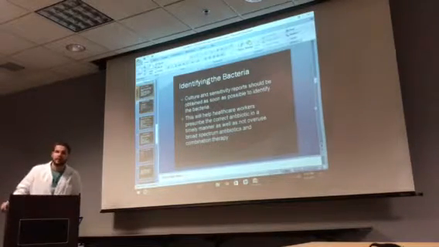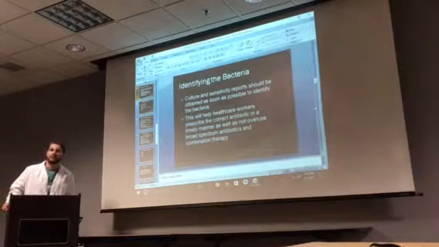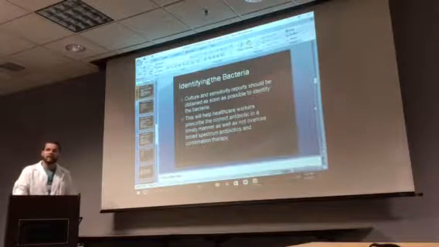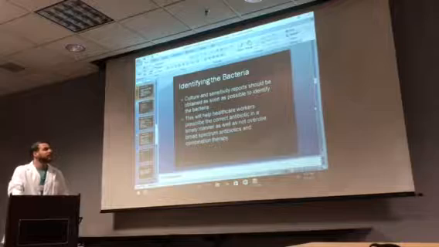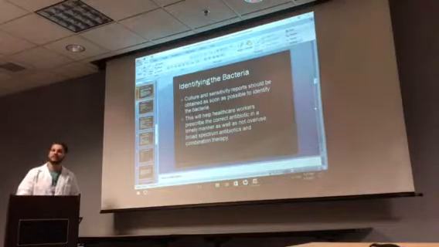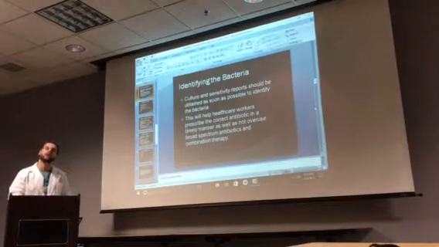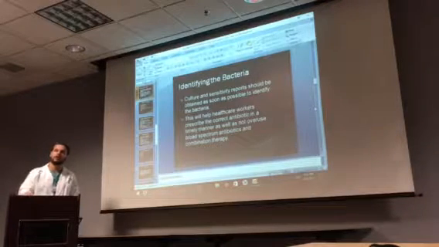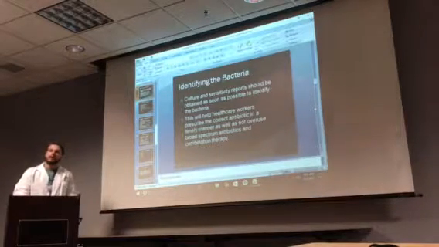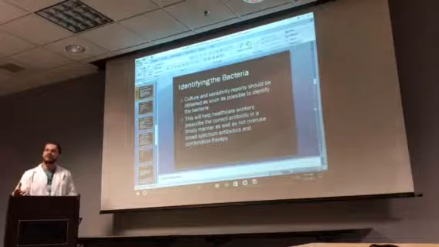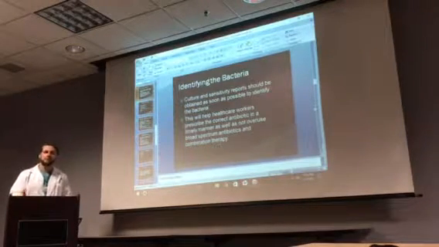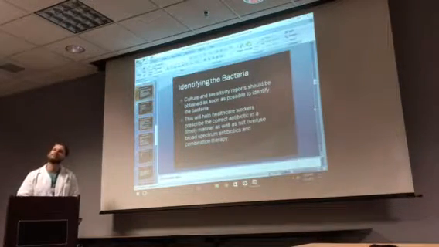Identifying the bacteria. Say someone comes into the emergency room, and we recognize that they have a bacterial infection. We'll do a culture and sensitivity as soon as possible. We'll start with some broad spectrum antibiotics, and we send that culture and sensitivity to the lab. It could be wounds, sputum, urine, blood. It could be all the above.